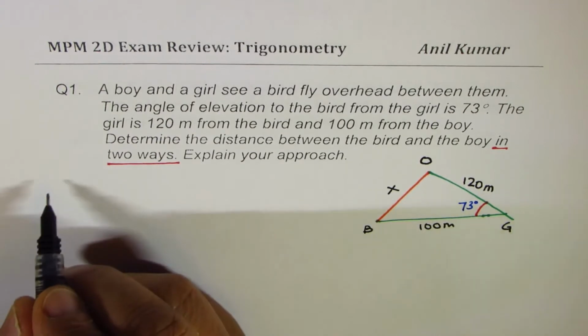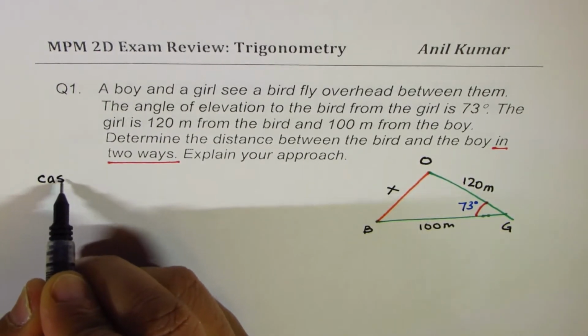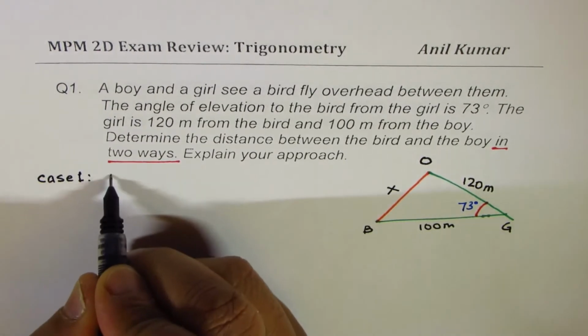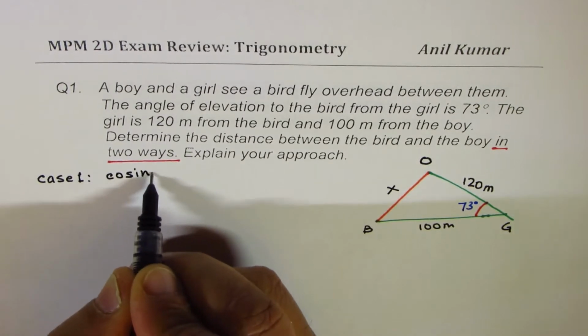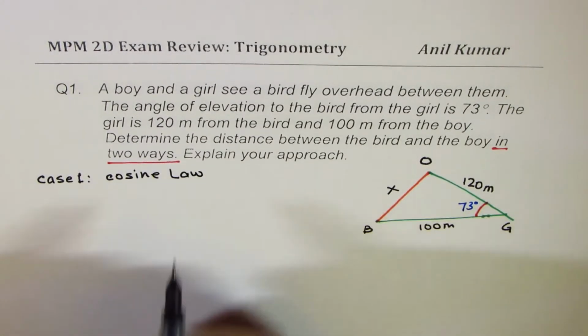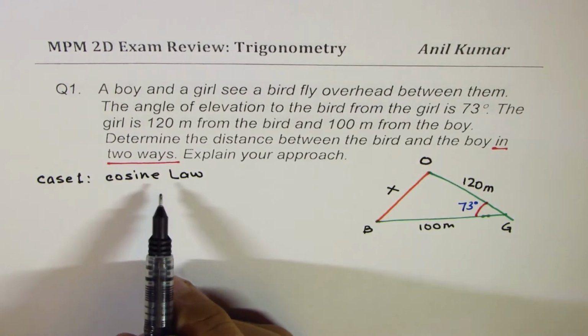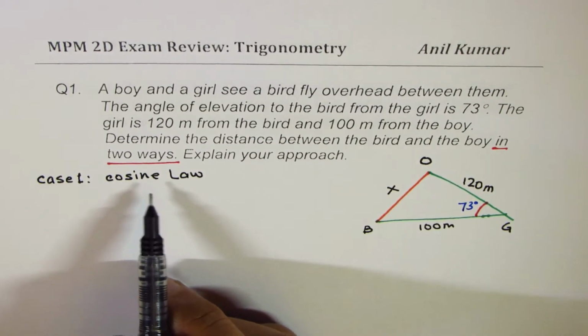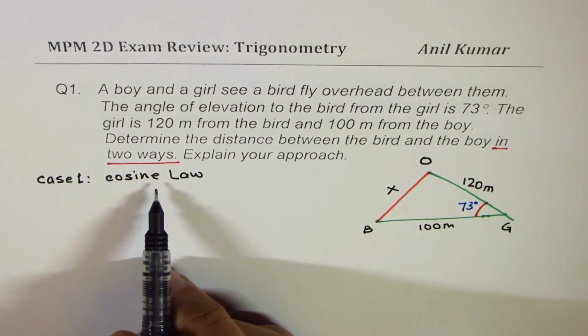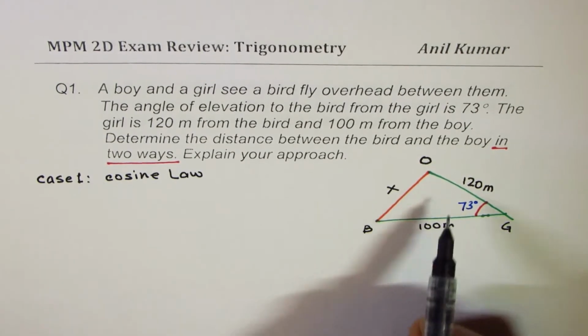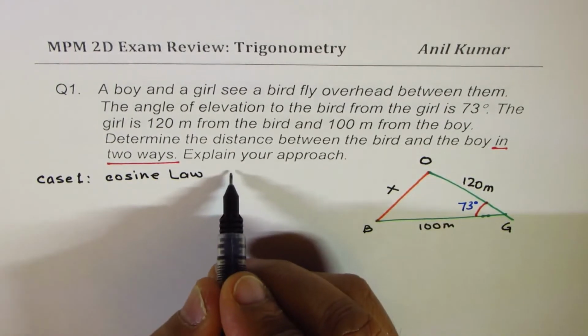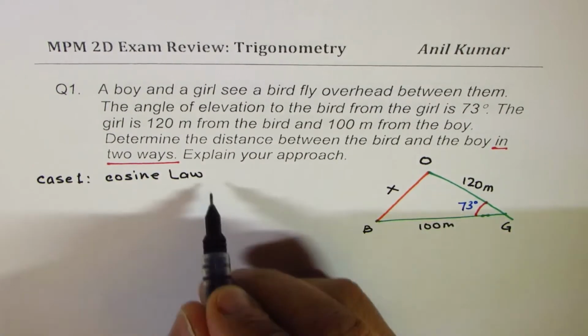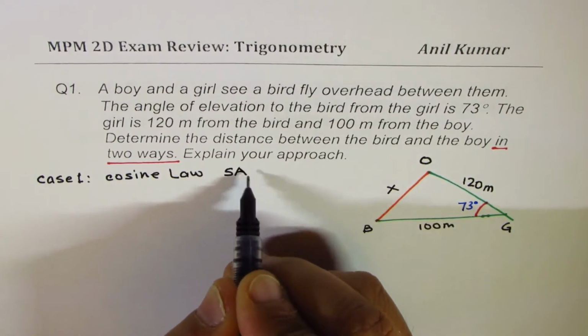Now, the first way, let's say case 1, is using cosine law. Some of you might not have done cosine law till now, but we'll use other ways also to find it. Cosine law will be used when 2 sides and the included angle are given to us. We say SAS.